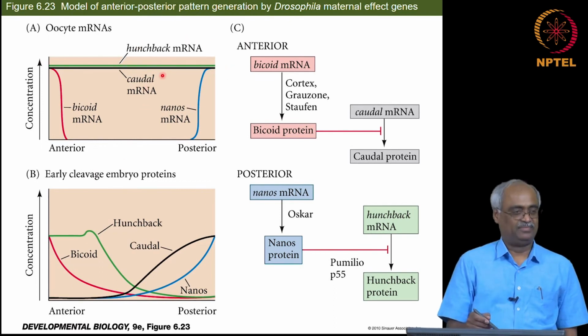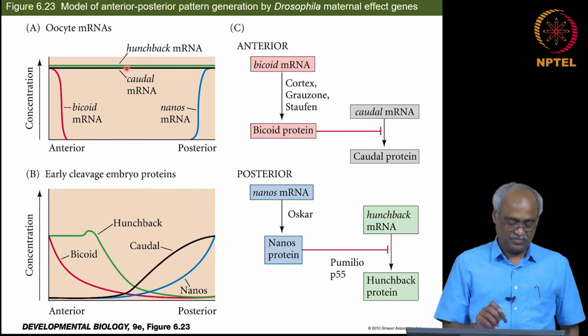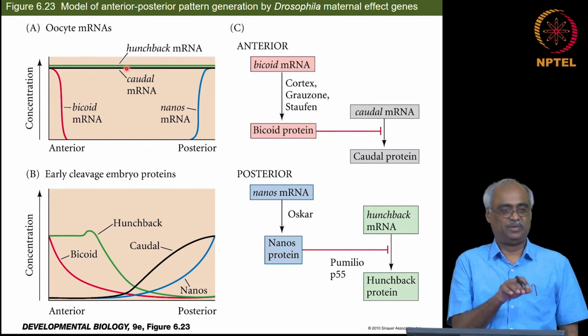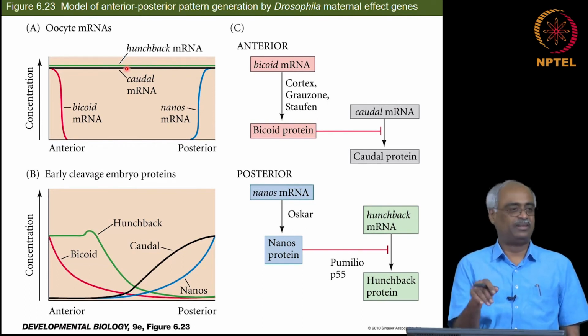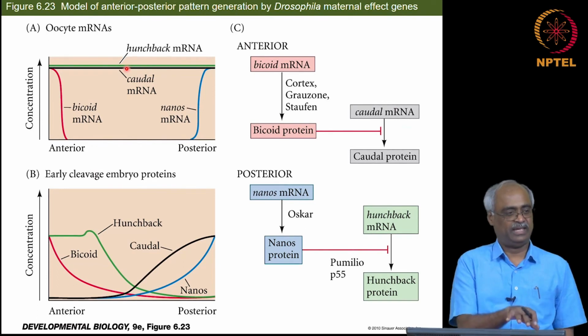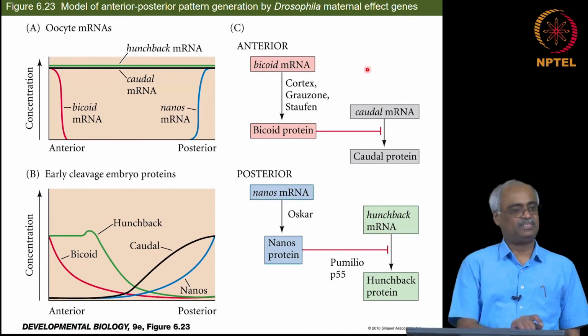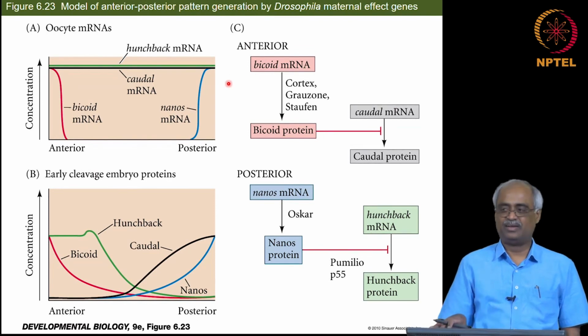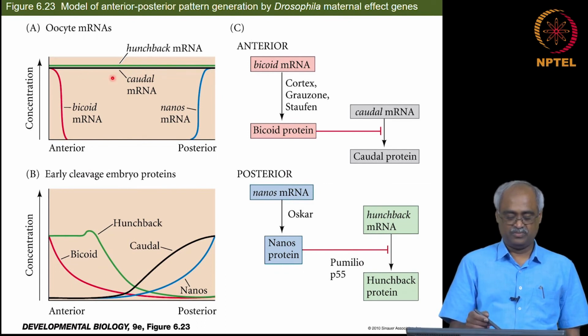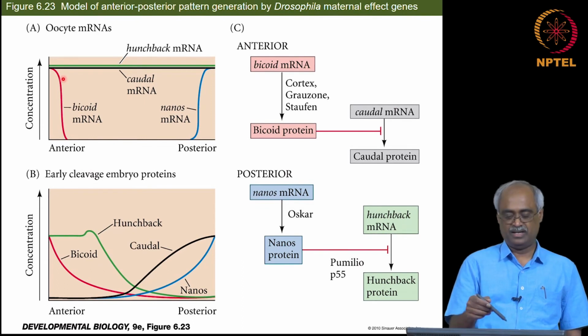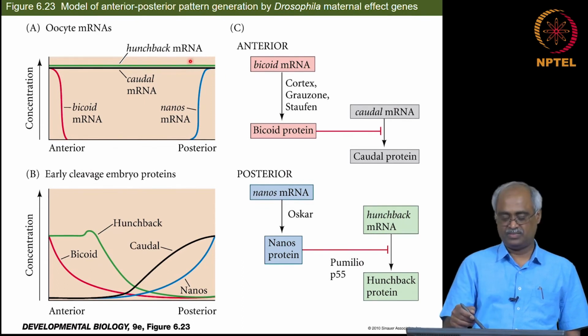One thing I did not tell, so that's why it is good to have the slides: while hunchback protein is going to be produced or not produced due to what bicoid and nanos have to say about hunchback translation, the mRNA itself is distributed all over. Similarly, caudal mRNA is there all over, but caudal mRNA would not be converted into protein here, and hunchback will not be produced into protein here.